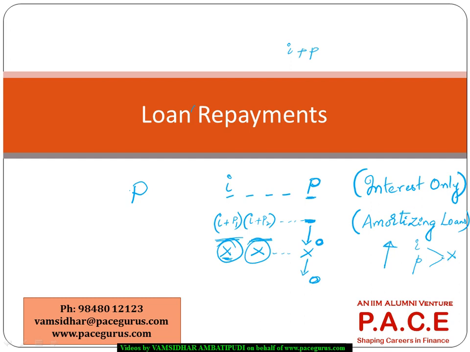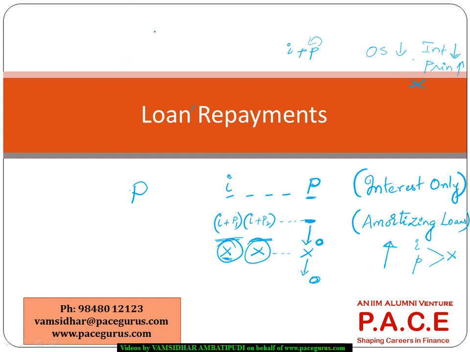Though the total is still X, the split keeps changing, because the moment you pay some portion of the principal, the outstanding principal goes down, which means the interest applicable for the next period goes down. But the total X you are paying is still the same, which means in the next period you are contributing a little bit more to the principal.